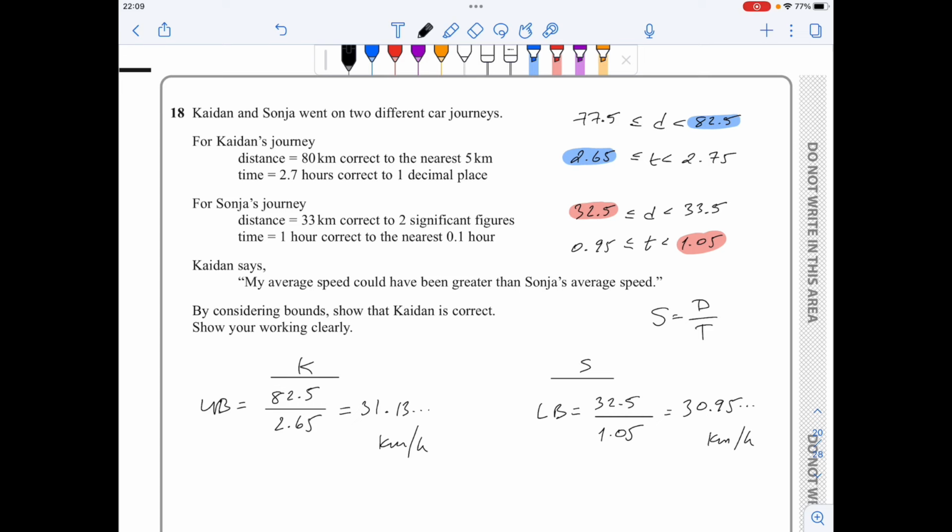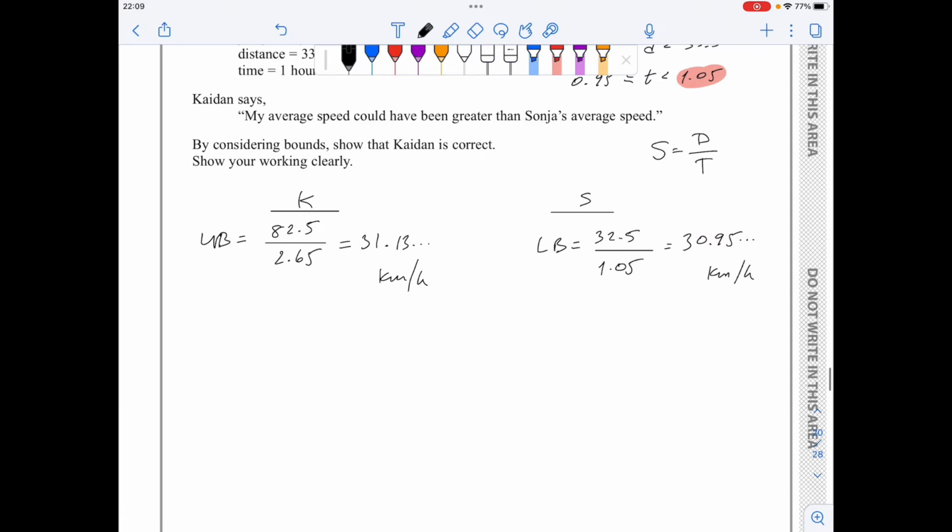So I'll just write a conclusion. Upper bound of K, which is 31.13, is bigger than the lower bound of S, which is 30.95. So Kaidan is correct.